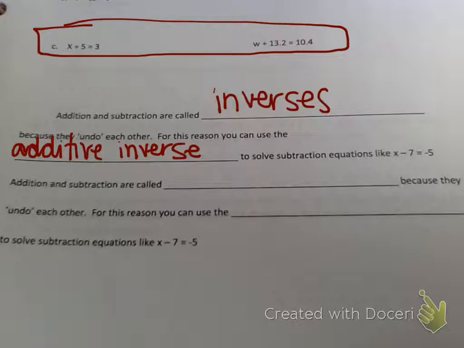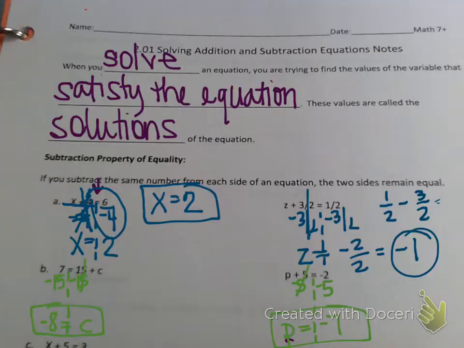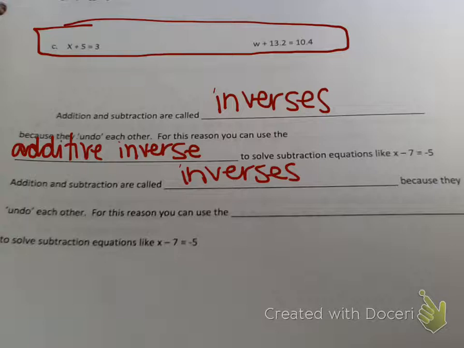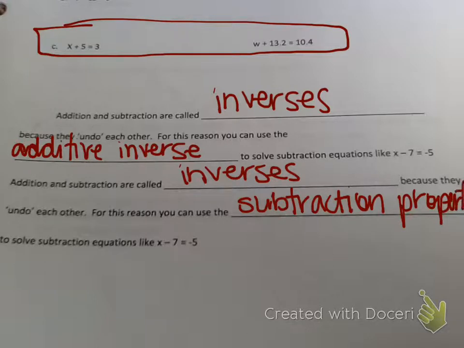Once again, addition and subtraction are called inverses because they undo each other. For this reason, you can use the subtraction property to solve subtraction equations like x minus 7 equals negative 5.